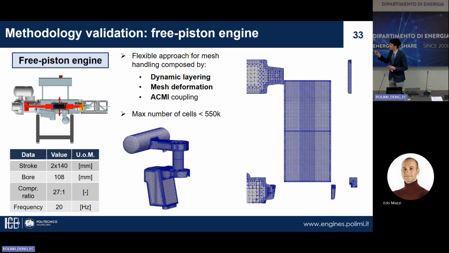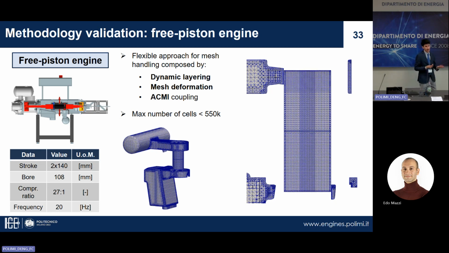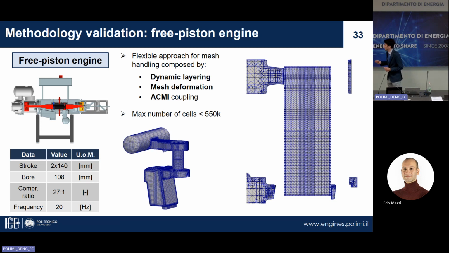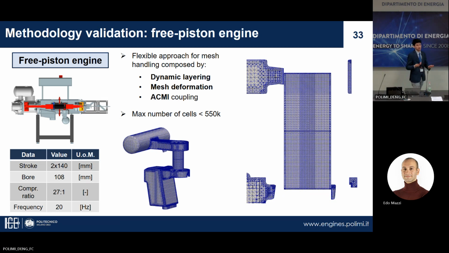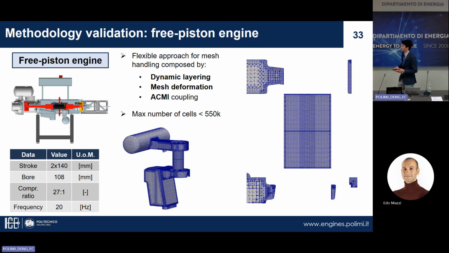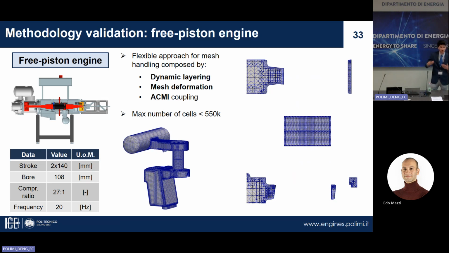The mesh doesn't rely on the RPM because it's independent from time. It depends only on the crank angle. But then, when you move to a simulation, depending also on the RPM you provide, you have the information on the velocity of the piston, for example, and also of the valves.